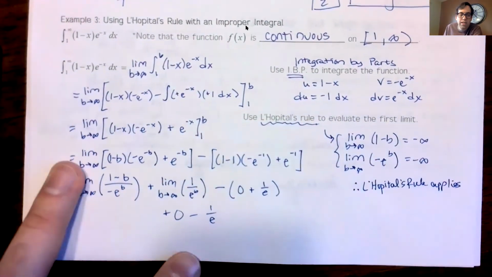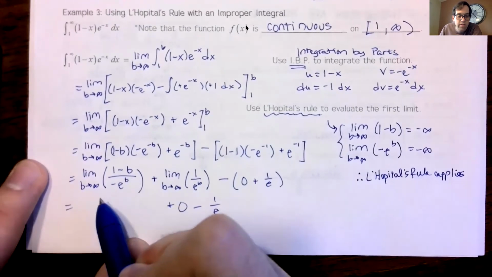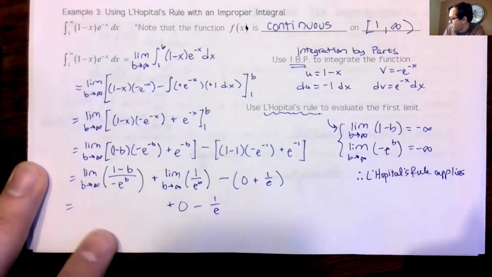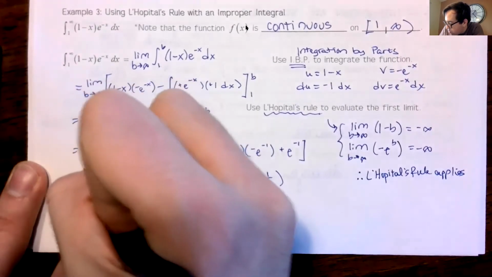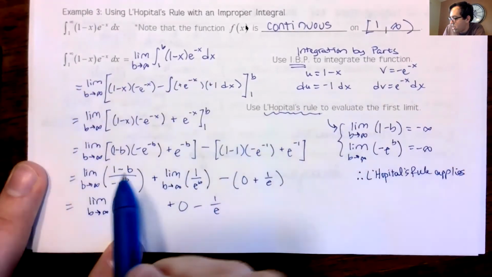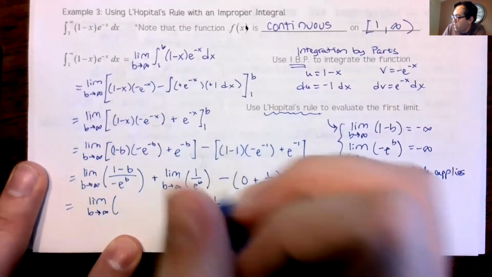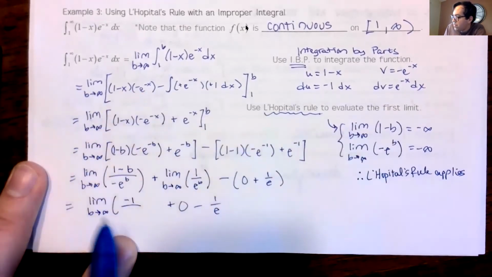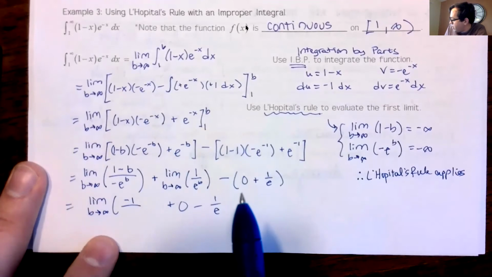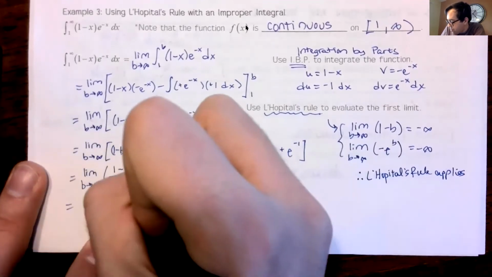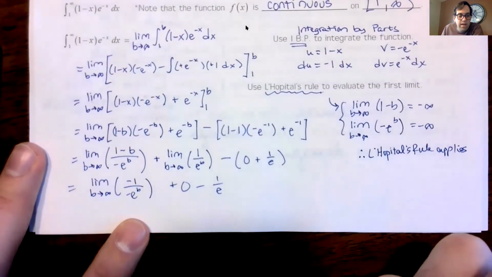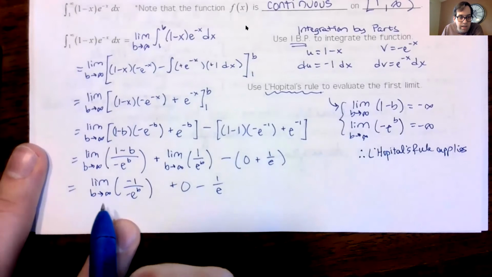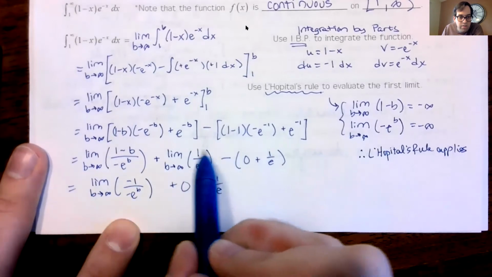And we know that means that we can take the derivative of the numerator and the derivative of the denominator, and the limit will be the same. So let's try that. Therefore, we can say that the limit as b approaches infinity is the same as the derivative of 1 minus b, which is going to be negative 1, over the derivative of negative e to the b, which is still negative e to the b. And now, if I think about plugging in infinity, it is very similar to this one up here, right?